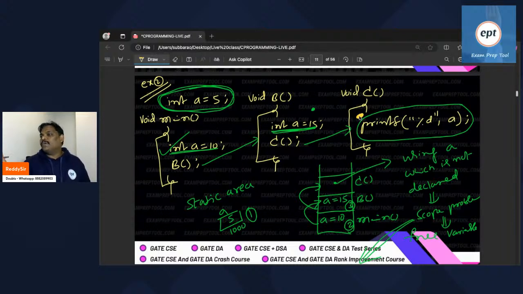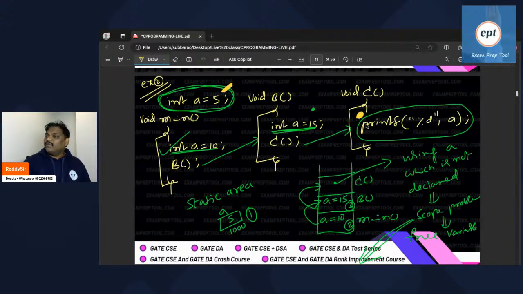Whenever there is a scope problem, compiler, you solve. Then the compiler knows only the global variable. So whenever there is a scope problem, meaning no local, then take global. So according to the compiler, this A means this A only.